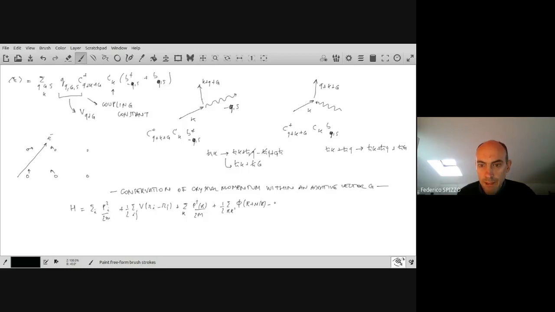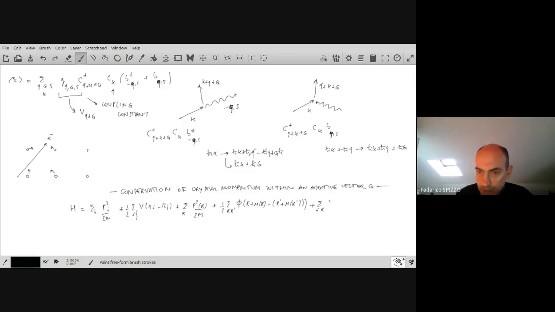And then we have the same condition for the second vector, R prime. So this is the electron contribution. The second part here is the ionic contribution, and then we have to consider the interaction between ions and electrons.